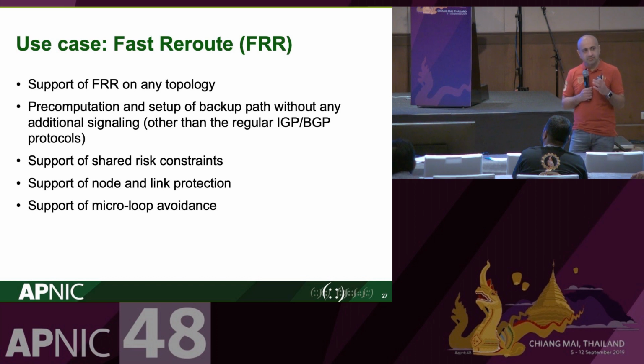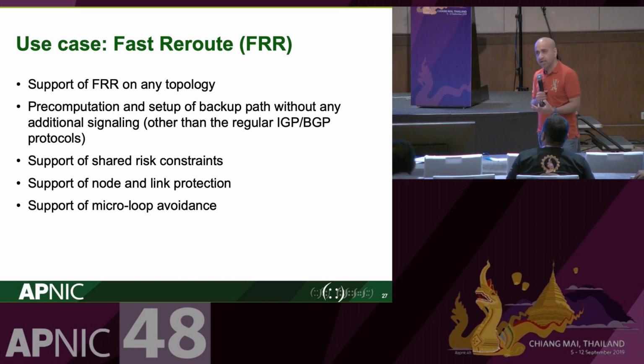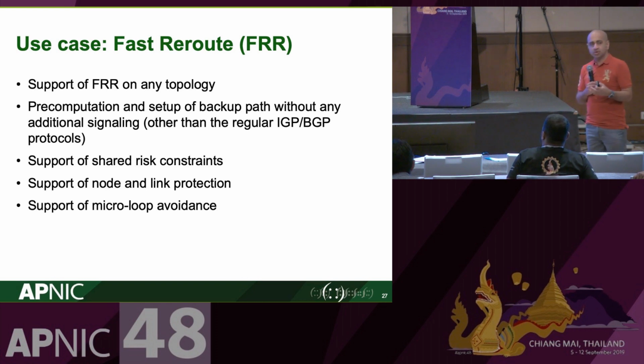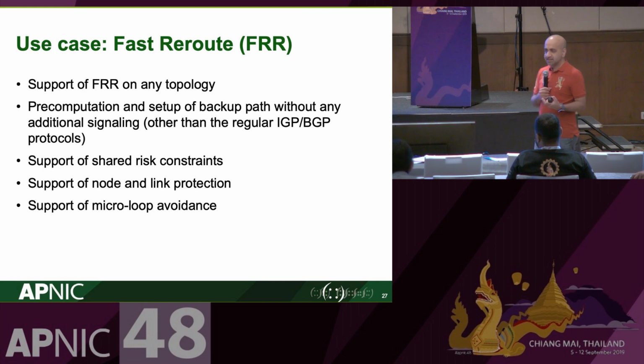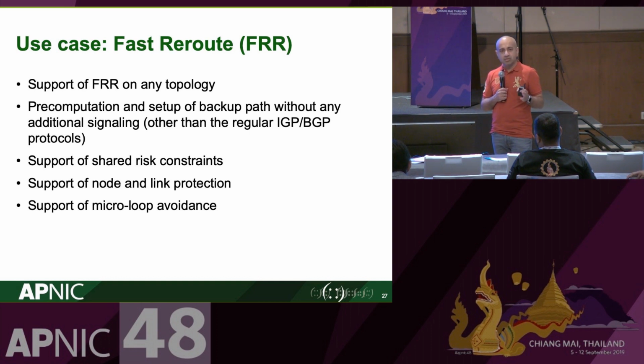The other use case is what we call fast reroute, where what we'd like to do is build highly resilient networks that converge very quickly when there is a failure of a node or a link. Typically in MPLS environments, we talk about rerouting within 15 milliseconds. The intent is that you build a tunnel between the source and the destination, and at the same time, you also build other tunnels in case any nodes or links within that path fail.